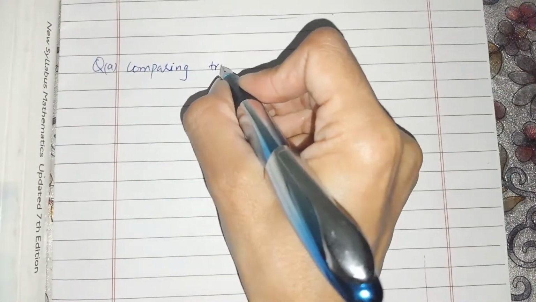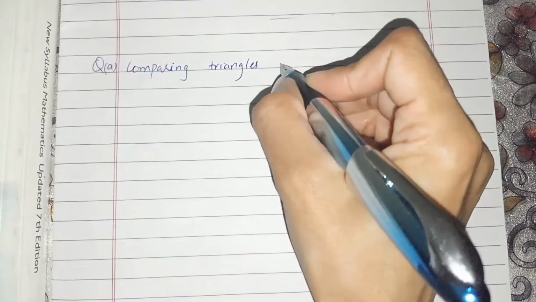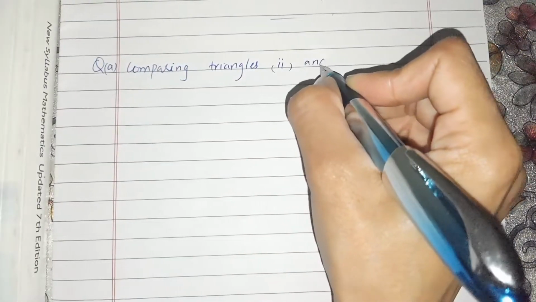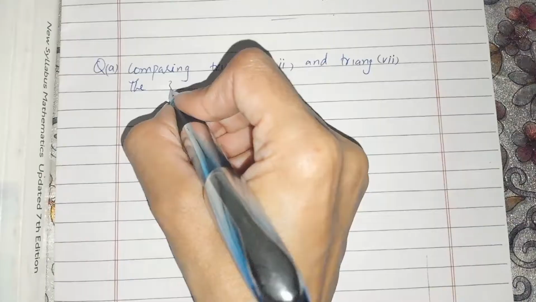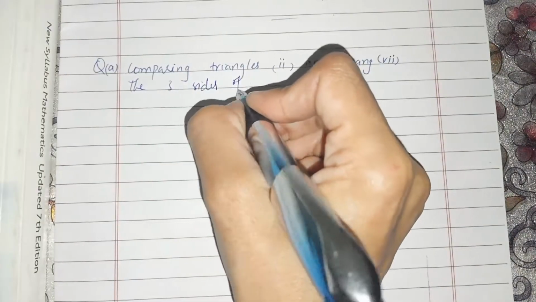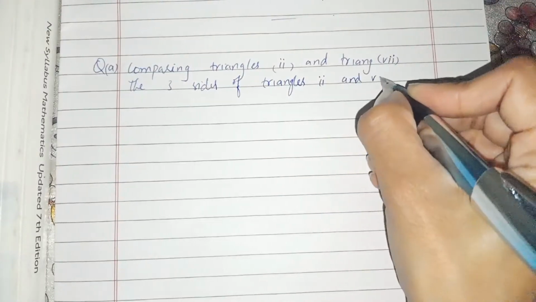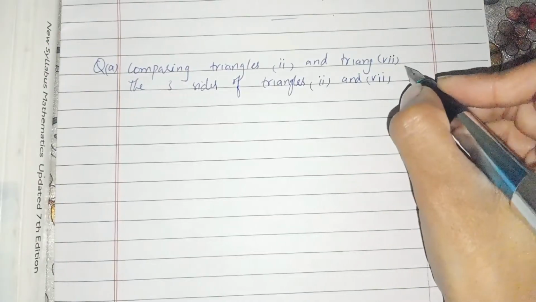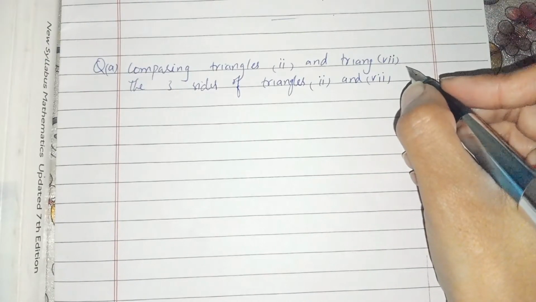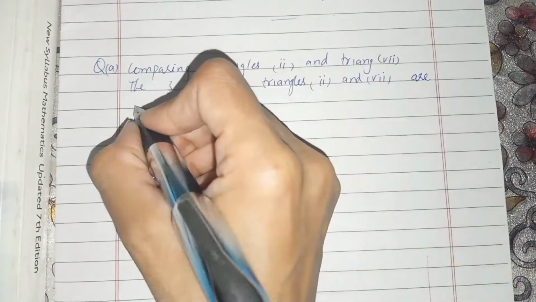Now students, we have to write it like this. Comparing triangles 2 and 7, the three sides of triangles 2 and 7 are equal.